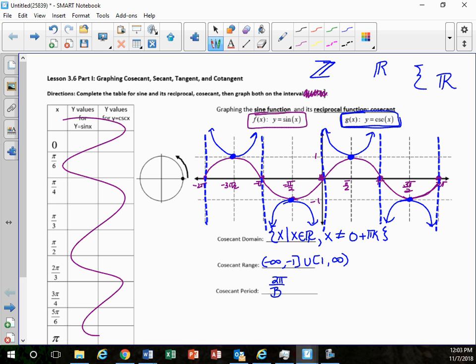They are like that. We don't have to worry about that right now. Okay. All right. Questions on cosecant? 2 pi over b. So for the parent graph, it's going to be 2 pi. All right. Turn the page.